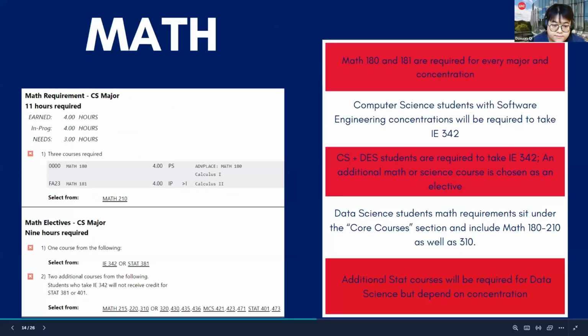All right, here is mathematics. All majors in the computer science department have math requirements that include at least 180 and 181. Computer science majors will have a math elective section to complete as well. Software engineering concentration students are required to choose IE 342 for the probability course, and it sits under core courses.